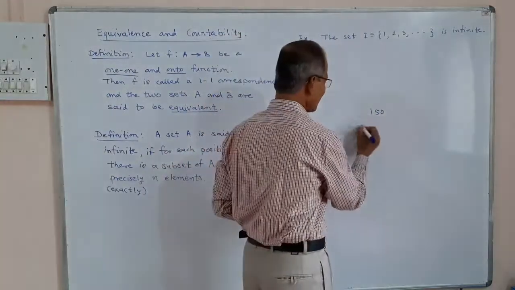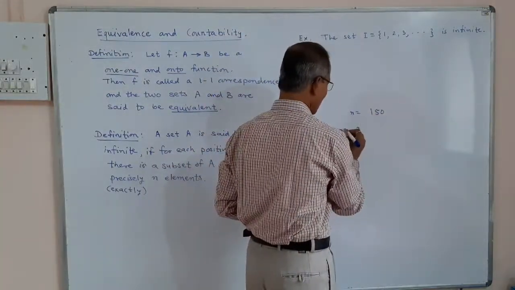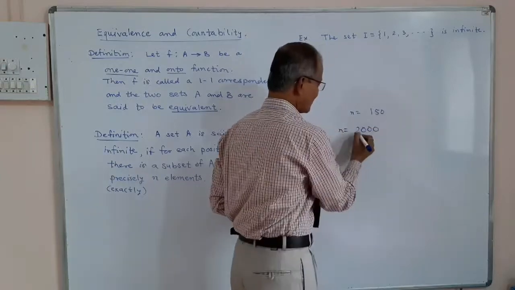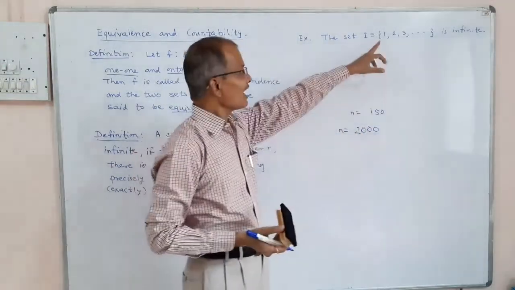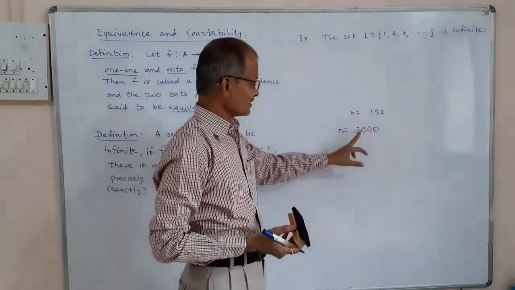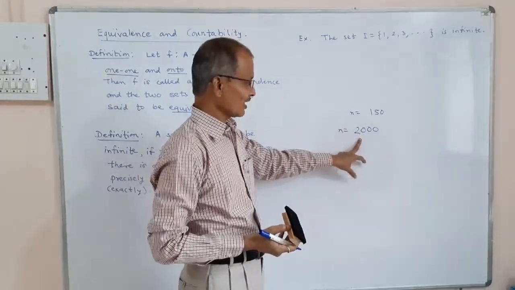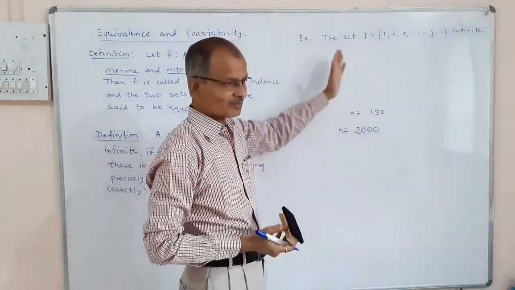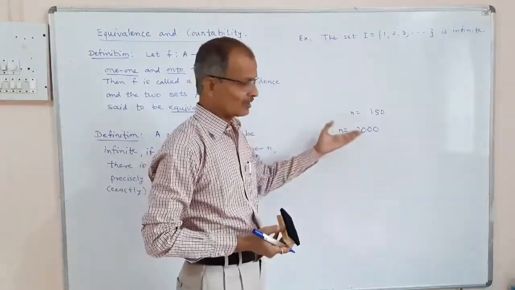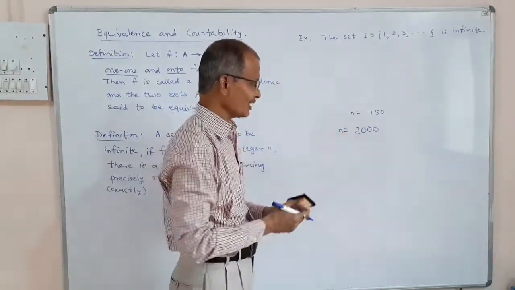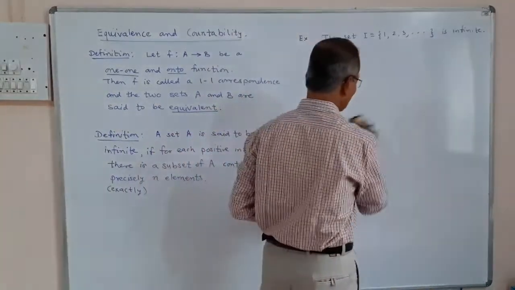If we consider n equal to say 2000, then the set I also contains a subset containing 2000 elements: the numbers from 1 to 2000. So the meaning of infinite set is simple.